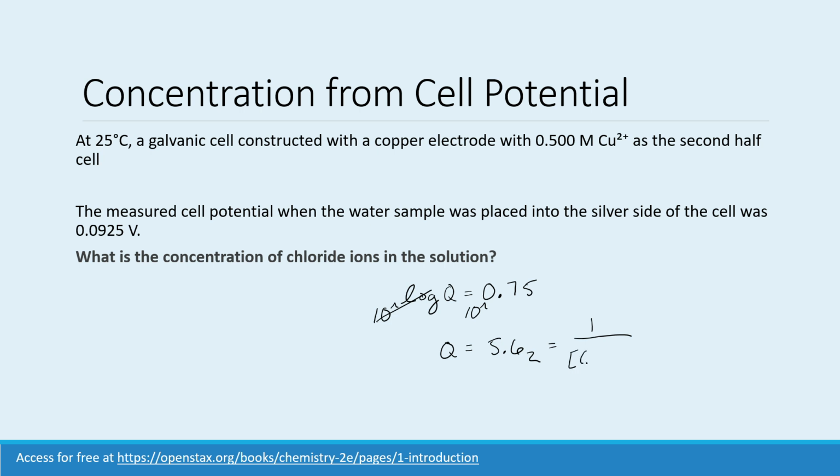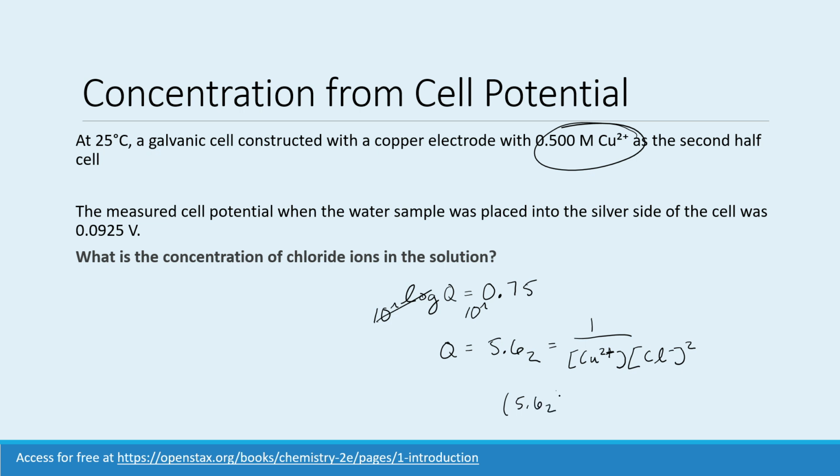Okay, so let's go back. We've got Q equals 5.62, so we know that that is equal to 1 over the concentration of the copper ions times the concentration of those chloride ions raised to the second power. And they give us the concentration of the copper 2+ ions in the question. So it's a 0.5 molar concentration.